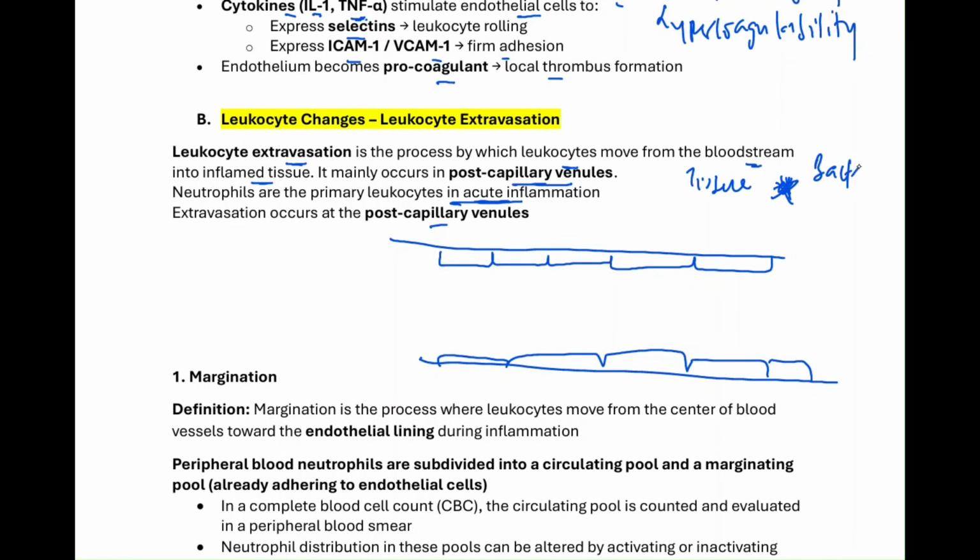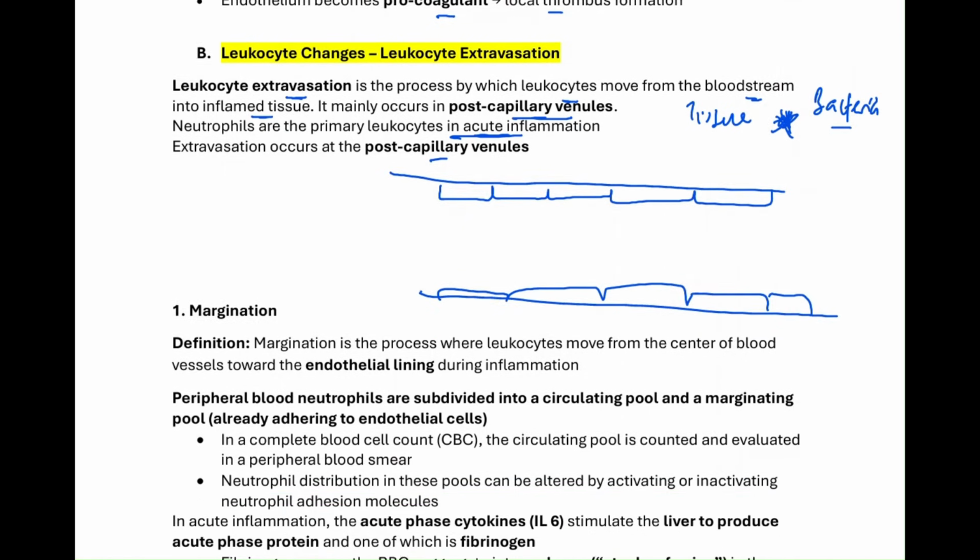But for the purpose of it, we can use bacteria. So what's going to be the first step in order to move the leukocytes into the site of the tissue? Because the leukocyte is inside the blood vessel, and our goal is to move our neutrophil from here to the site of the injury.